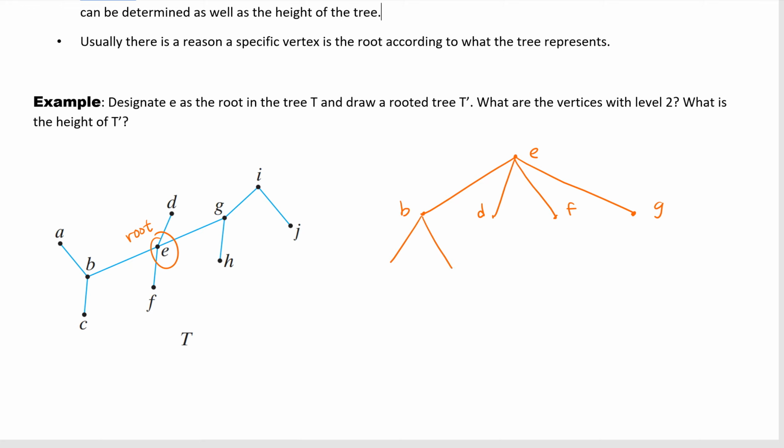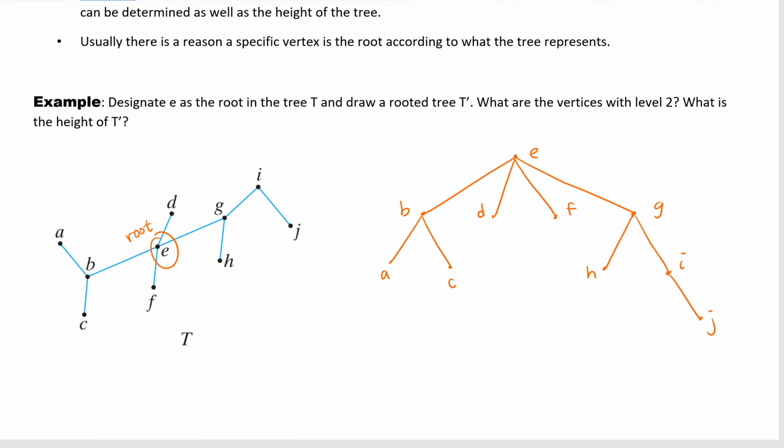That's A and C, right? How about D? By itself. F by itself. G, we have I and H. The order doesn't matter. And then for I, there is a J down there. So this is the rooted tree T prime.